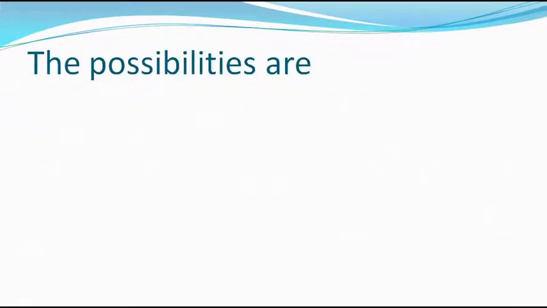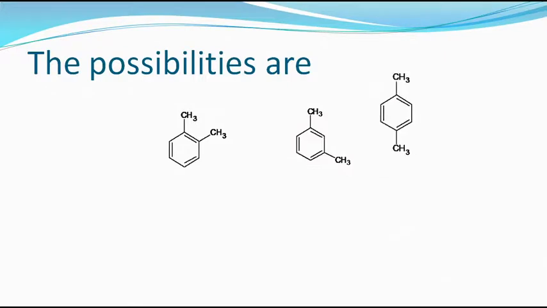The dimethyl substituted benzene possibilities are these: this compound is called orthoxylene, this is metaxylene, and this is paraxylene. These are the three possibilities. Which spectrum can distinguish this difference? All of them are disubstituted, but we have to make a conclusion.